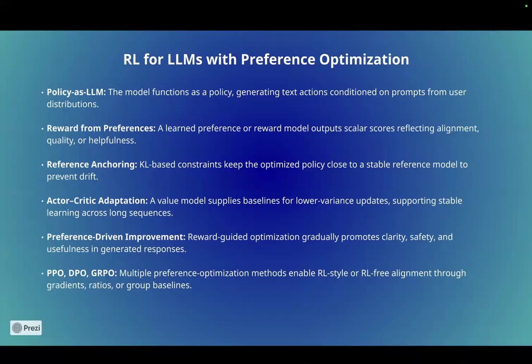And the idea is that you can train a reward model based on human preference data, based on an offline data set where we basically learn what kind of a response is preferred versus not for a particular input or a particular prompt. We can train a reward model from it, right? So that was one thing, and then there are a couple of different ways to anchor the training process, like KL-based constraints, for example.